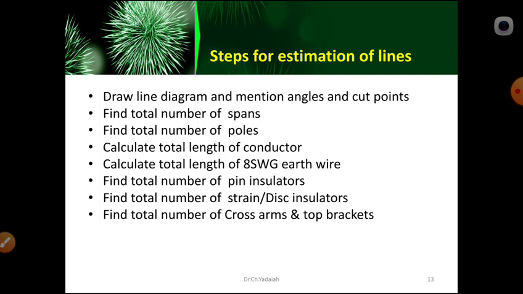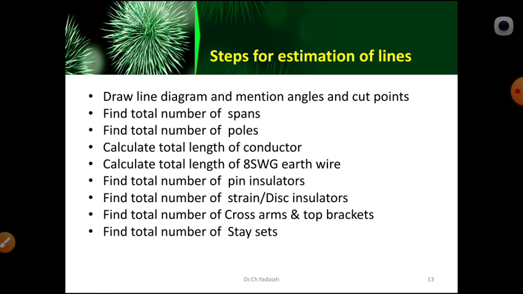After that, the miscellaneous things. What are the miscellaneous things? Stay wires to keep the pole in a steady position. Due to heavy gale and wind, the pole has to be very strong, that's why we require the stay sets.